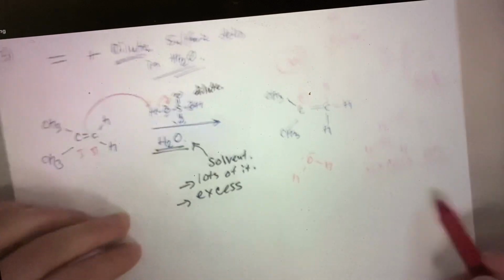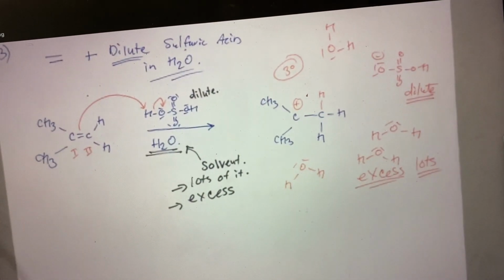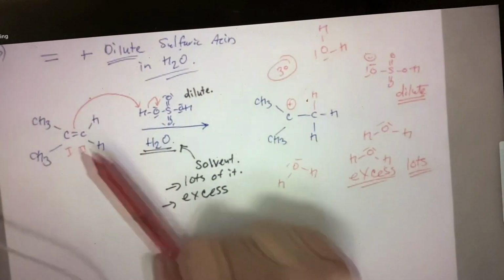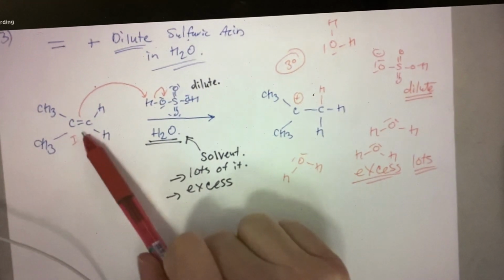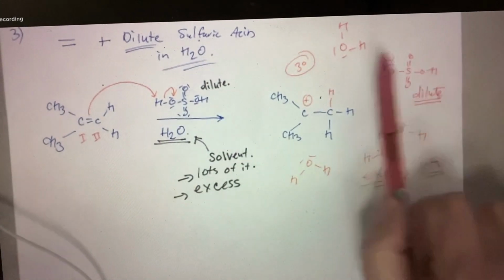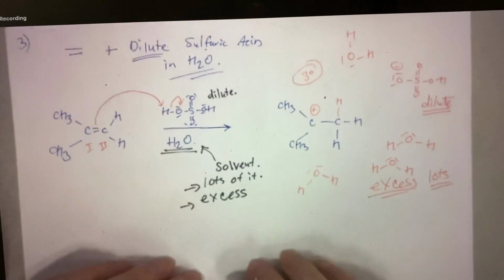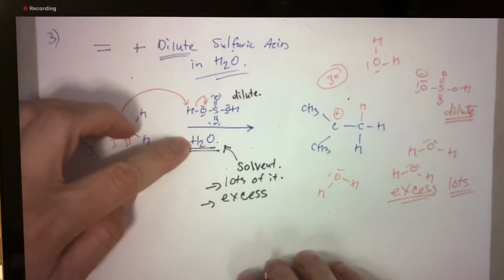Maybe there's 10,000 water molecules for every sulfate molecule. Just think that when you do a reaction, it's only done at like 0.1 molar. There's about 1-2% of this in, 99% of this, maybe 1% of this. So this is the situation we're at now when we have water present. This is indicated when we have dilute sulfuric acid in water. It means there's not a lot of this, there's a lot of water.